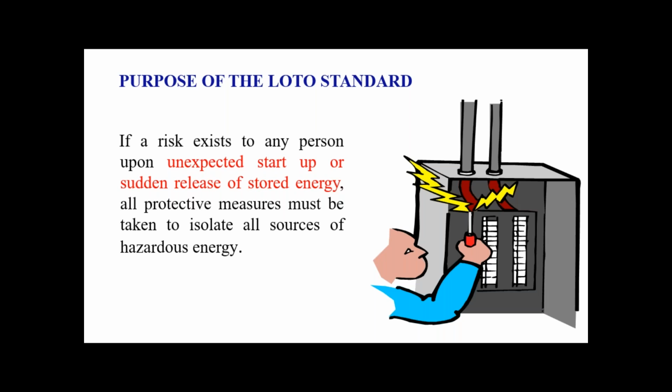So we must identify and observe these types of stored energy, or we can judge from experience that the unexpected startup or sudden release of energy can happen in this area, in this equipment, or from these types of wires or pipelines. So the identification of these types of hazardous energy is important, and then we can apply the LOTO standards for these types of repairing or maintenance work.